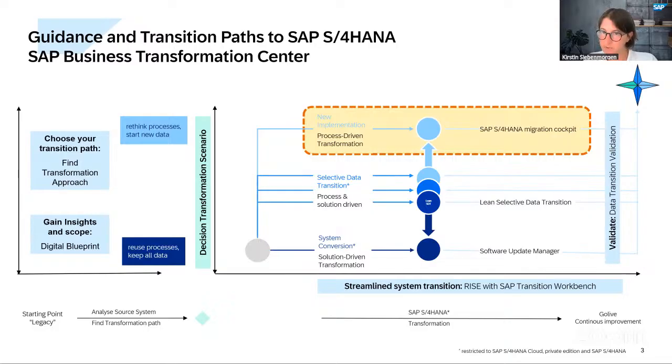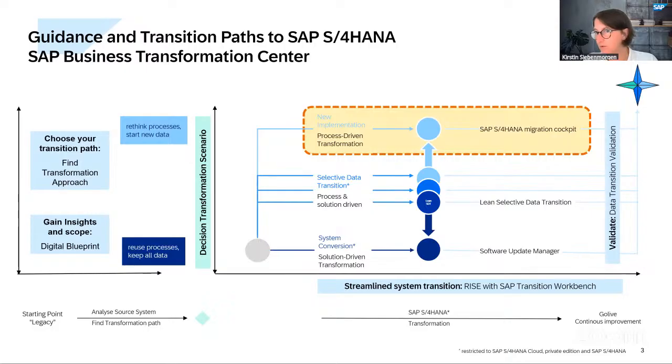And at the top, we have the new implementation. With the new implementation, you really start fresh with your SAP S/4HANA system with new processes. And when you want to migrate your initial data set, the migration cockpit supports you to migrate the data from your ECC system or non-SAP system, so your master data and open transactional data.